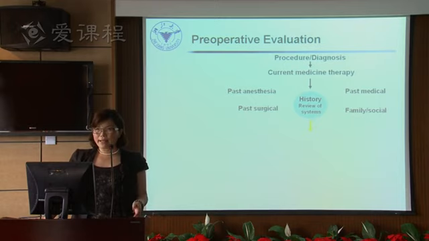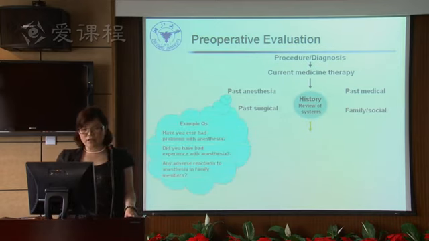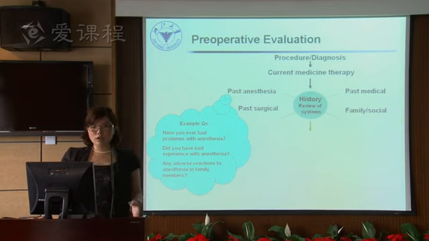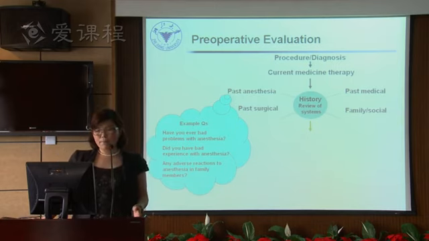The next step is to review the history of the patient. For example, past anesthesia, past surgical history, past medical history of medication, and the family or social history. For example, if you want to know whether the patient had anesthesia in his history, we can ask some questions.